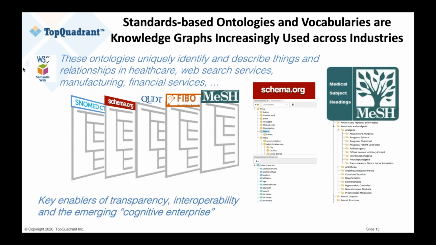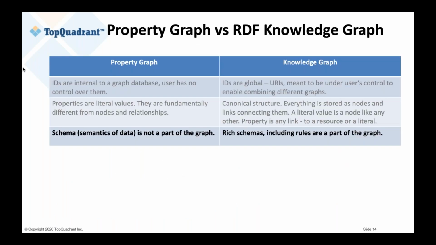So this type of standards-based ontologies are key enablers of interoperability, transparent data sharing, and expressing the meaning of data, which can be understood by different applications from different vendors and different organizations.